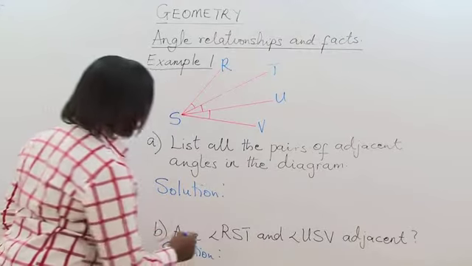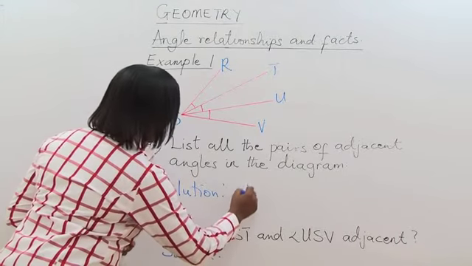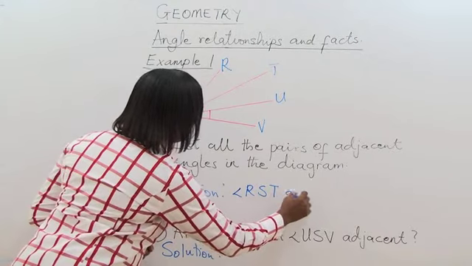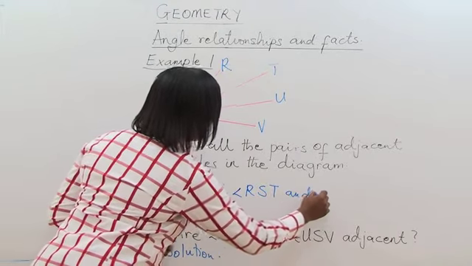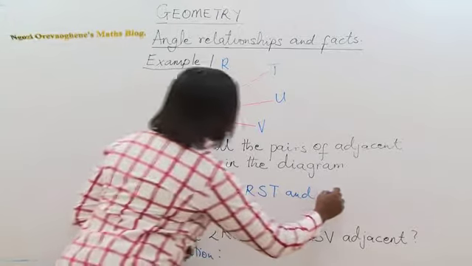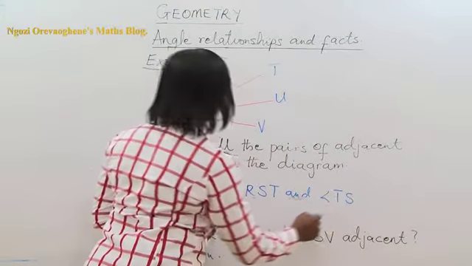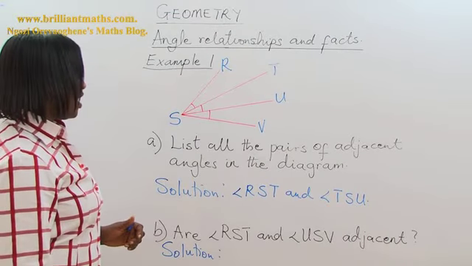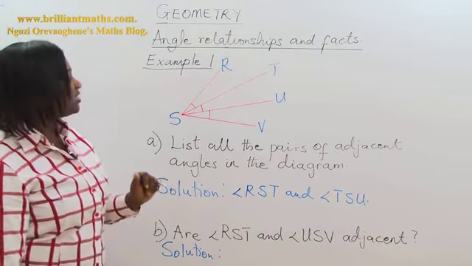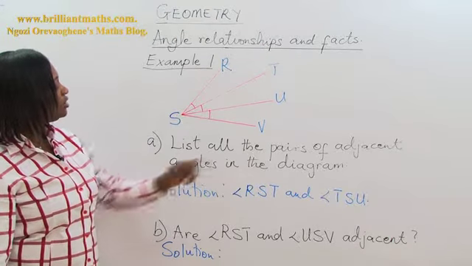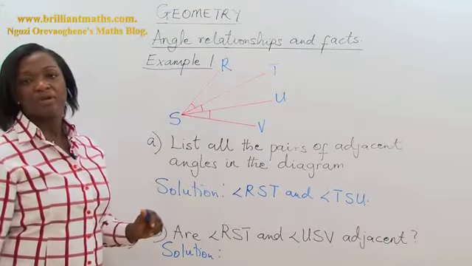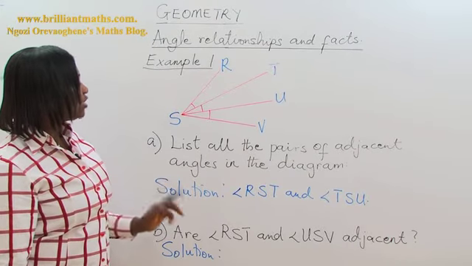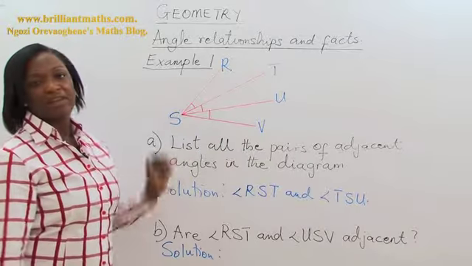So the first pair is angle RST and angle TSU. Again, we can see that angle TSU has a common vertex with angle USV.